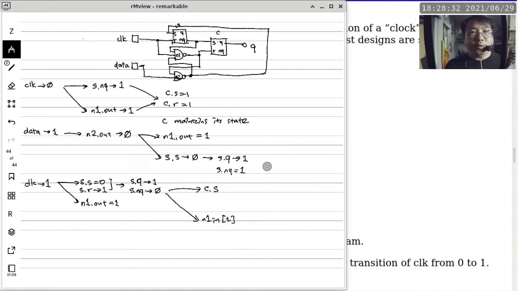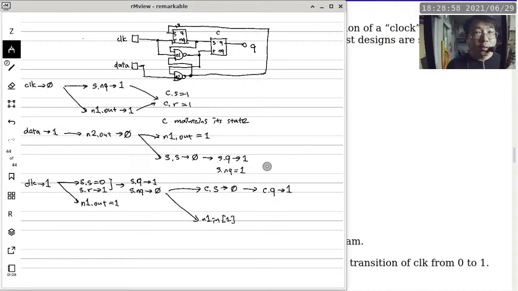So now we have to see what this is going to do to the C SR latch. The C SR latch is going to respond to the S pin being a 0. So this becoming a 0 is going to cause C.Q to become a 1.